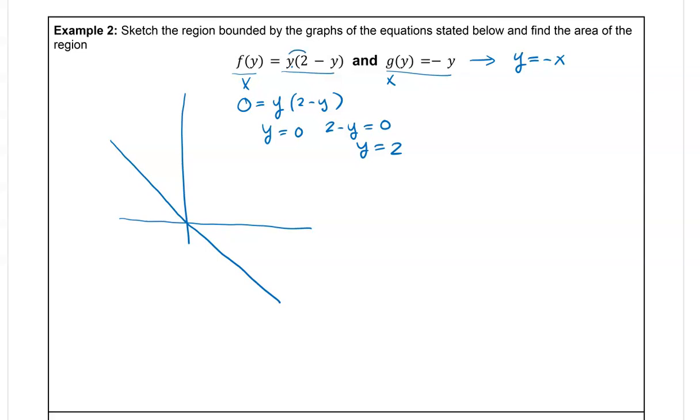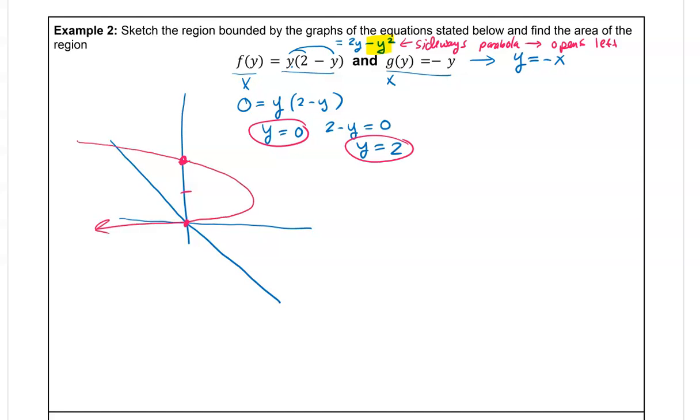I notice also that if I distribute out the y, I end up with a negative y squared. So that tells me it's going to be a sideways parabola that's opening to the left and hits the y-axis at 0 and 2. So something like this, something like the picture I sketched earlier.